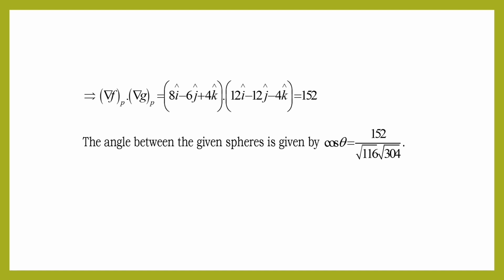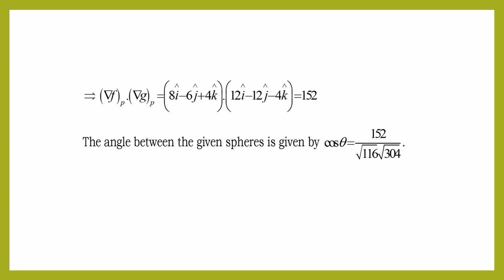Now we need to find out the dot product of these two vectors del f at P and del g at P. Their dot product equals 152.